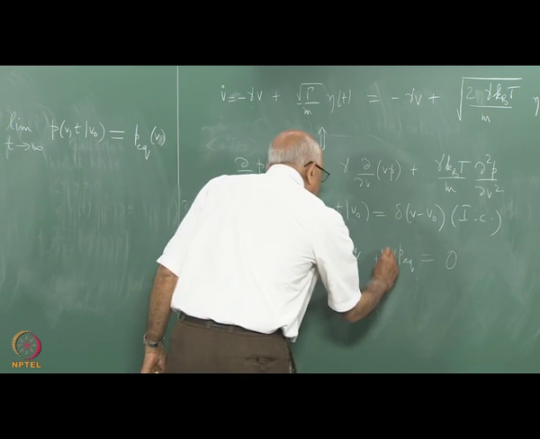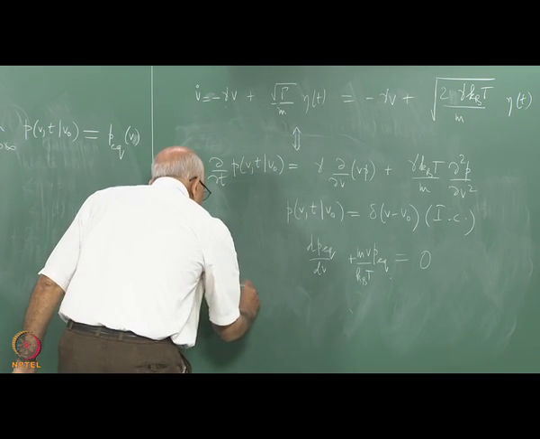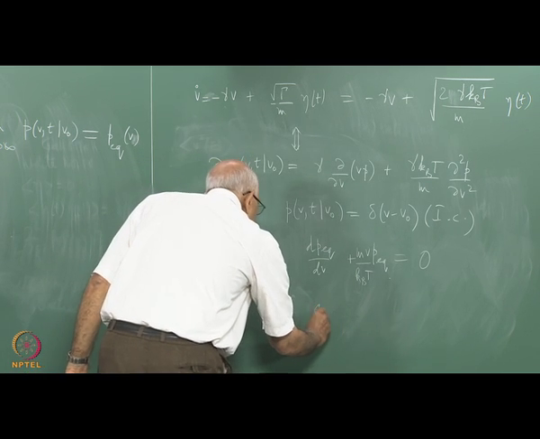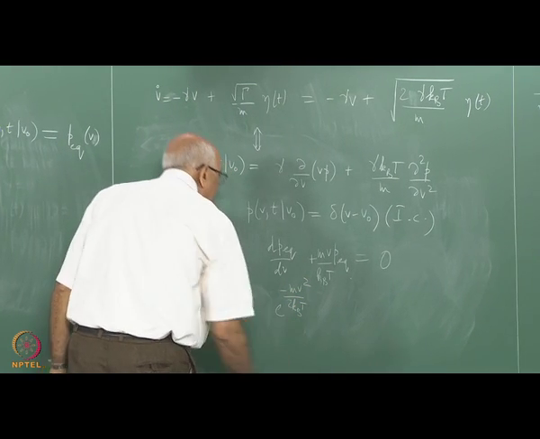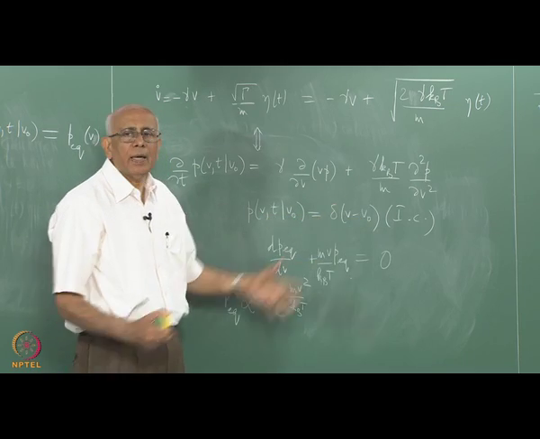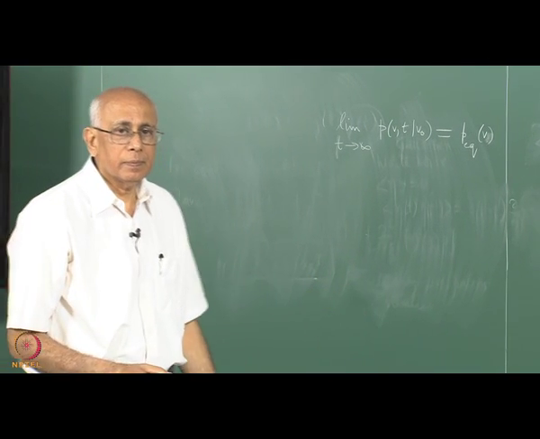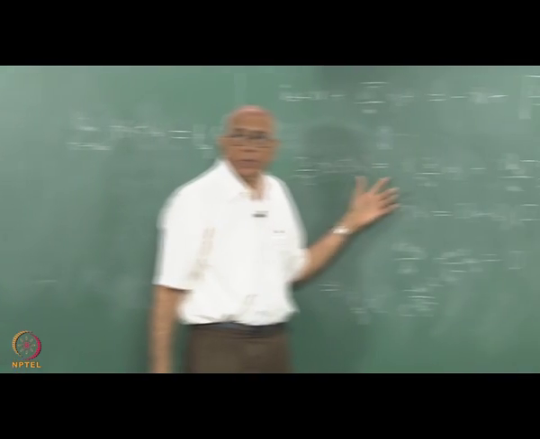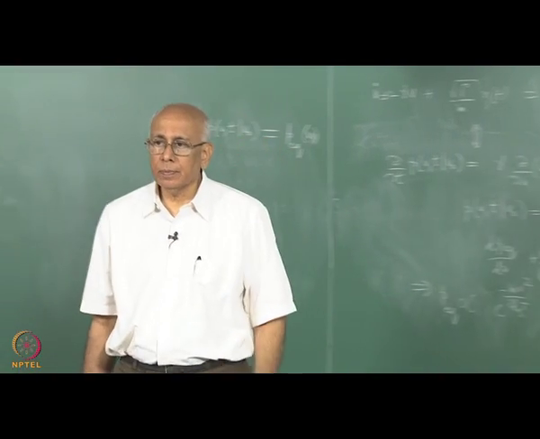It immediately says mv over k Boltzmann T times P equilibrium plus its derivative is 0, and that of course implies that P equilibrium, apart from a normalization constant, is e to the minus mv squared over 2k Boltzmann T. All I have to do is integrate this, separate variables, and that is it. And that is your Maxwellian distribution back again. So we now know that this Fokker-Planck equation is consistent with the equilibrium distribution, the Maxwellian distribution.